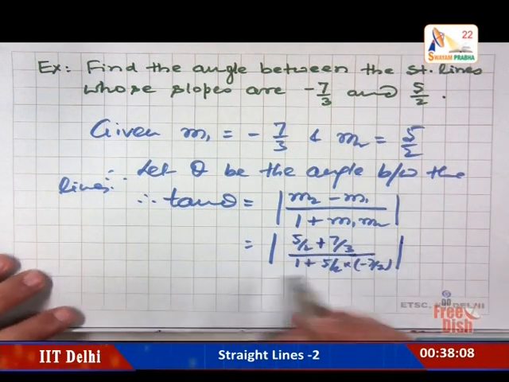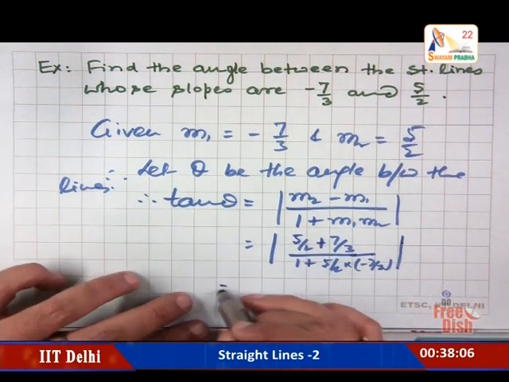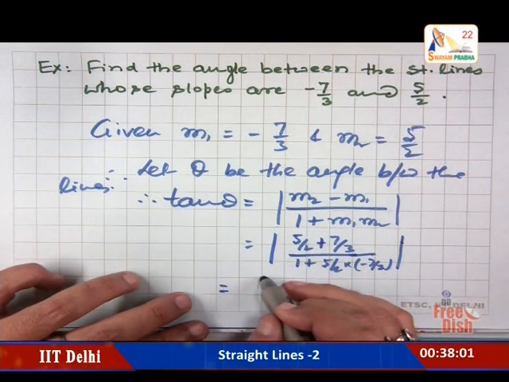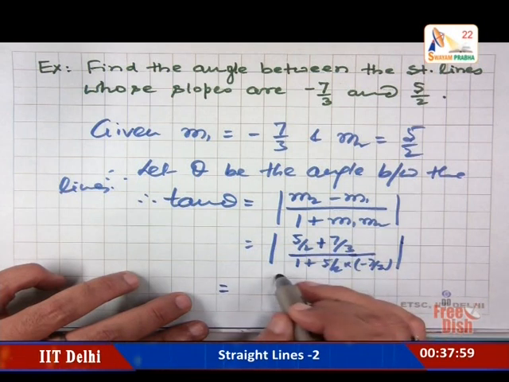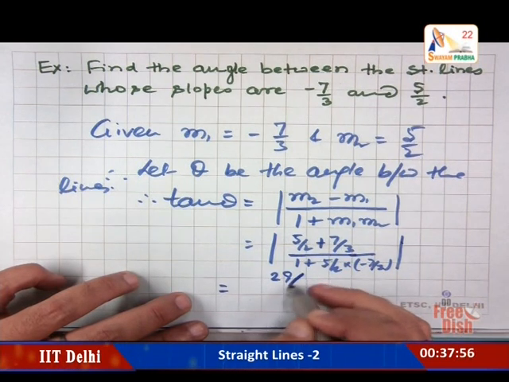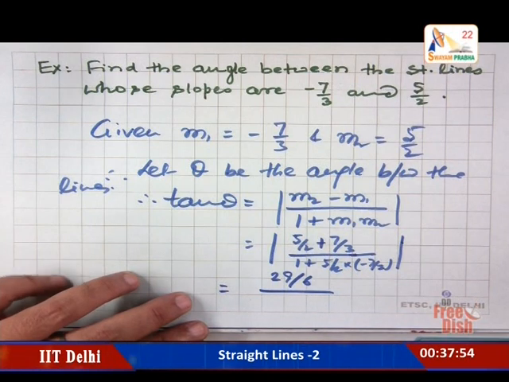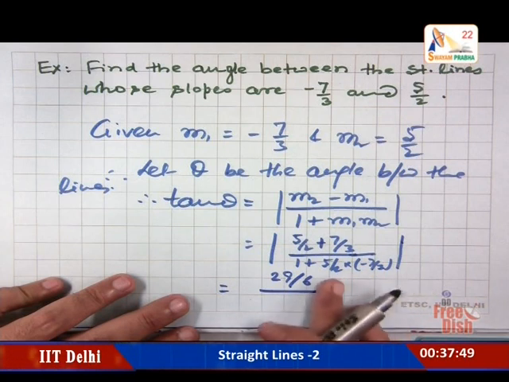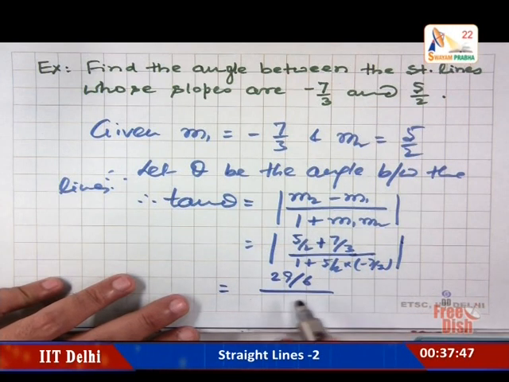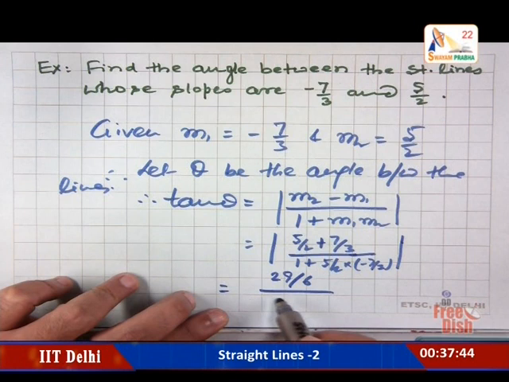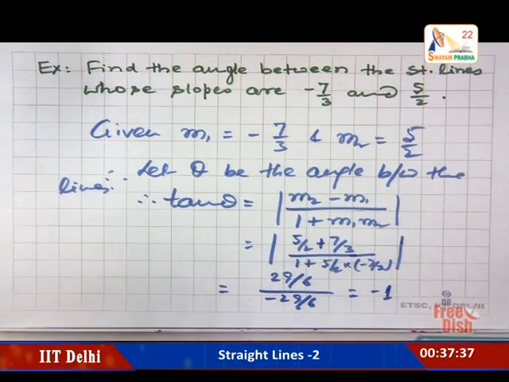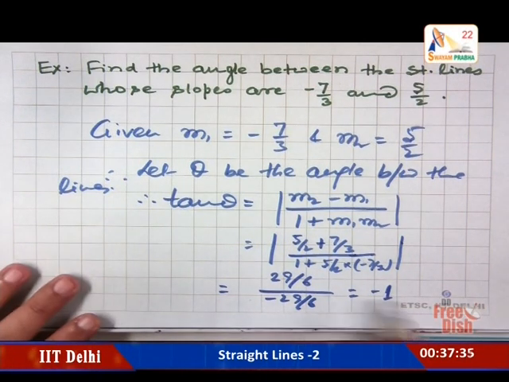The numerator is 15 plus 14, 29 by 6, and the denominator is 1 minus 35 by 6, so minus 29 by 6. So we get minus 1, mod of minus 1.